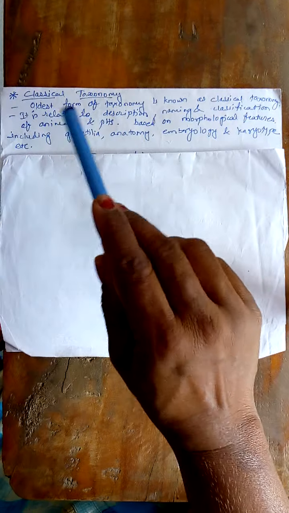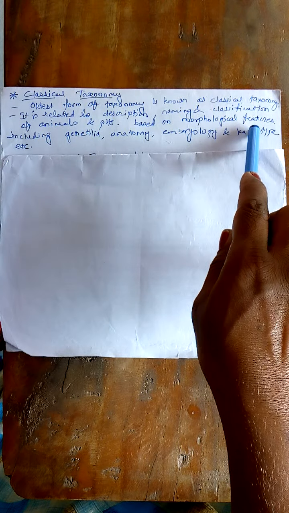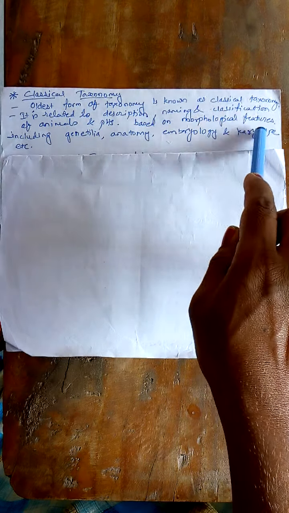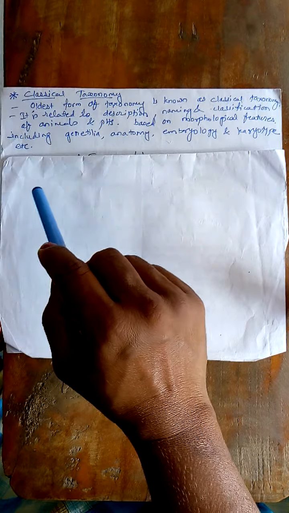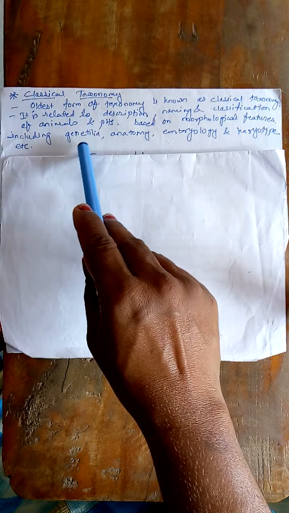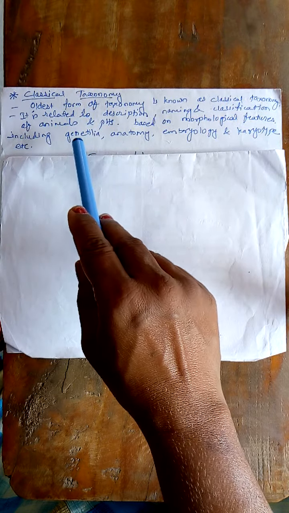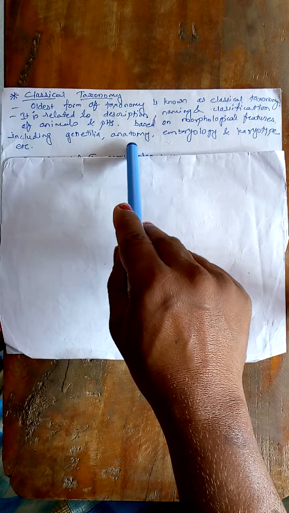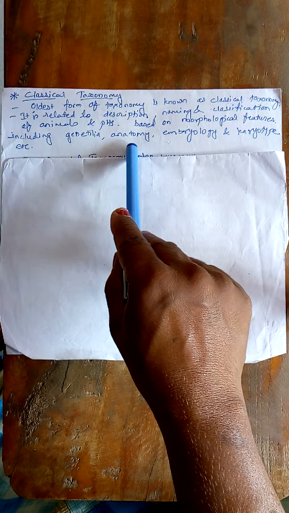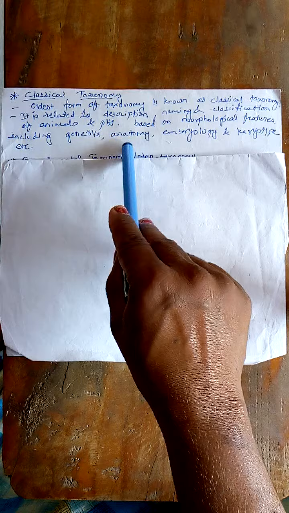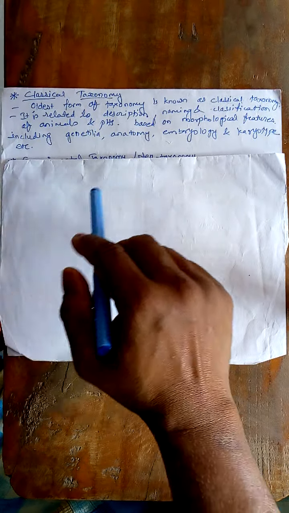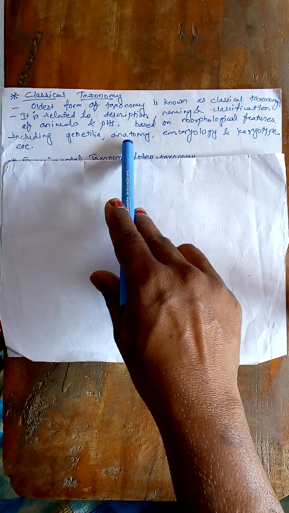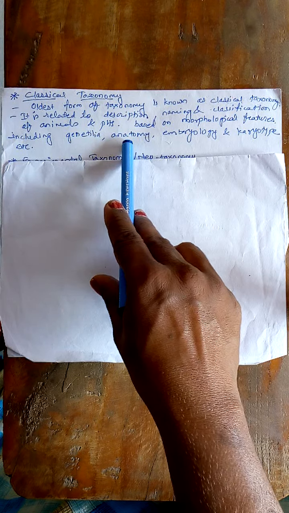So here the animals and plants are basically classified on the basis of morphological characters, and those morphological characters include the genitalia, meaning the part of the reproductive system. Then anatomy: if we dissect a specific animal, specific types of organs are present, and when we study them, we call it anatomy.